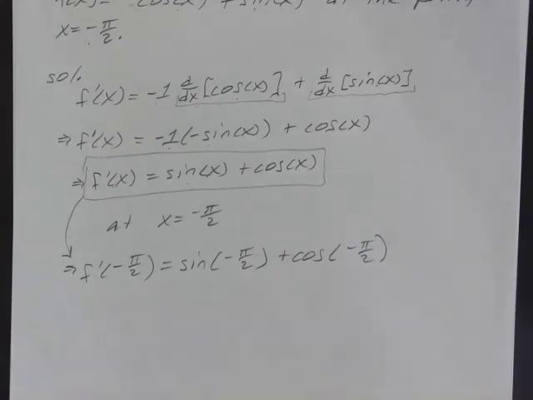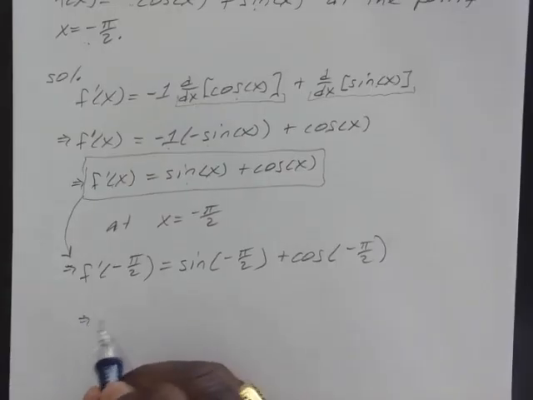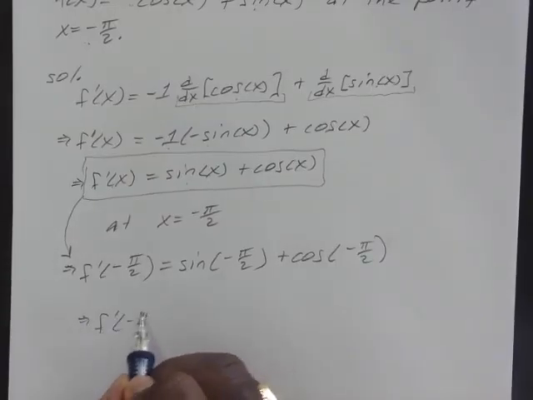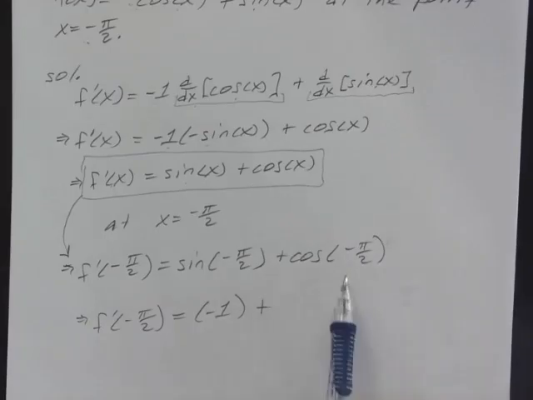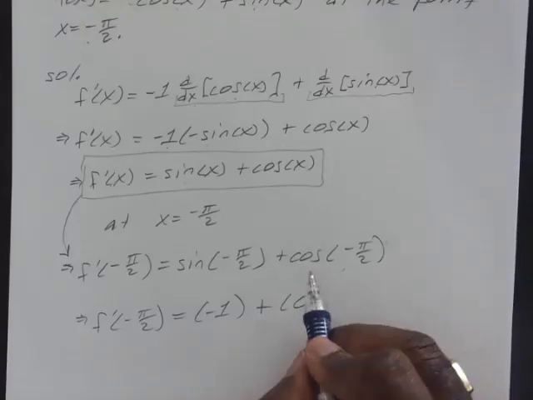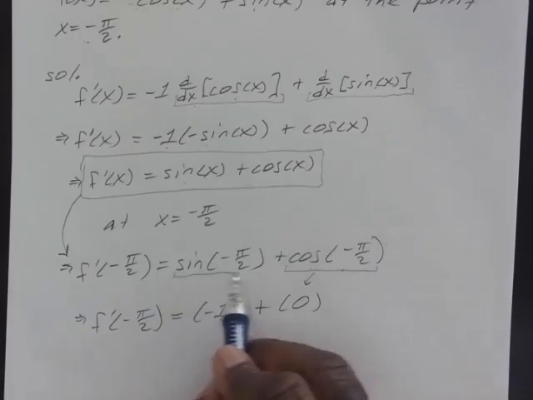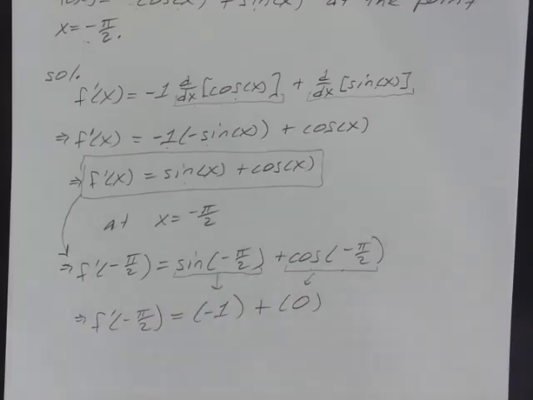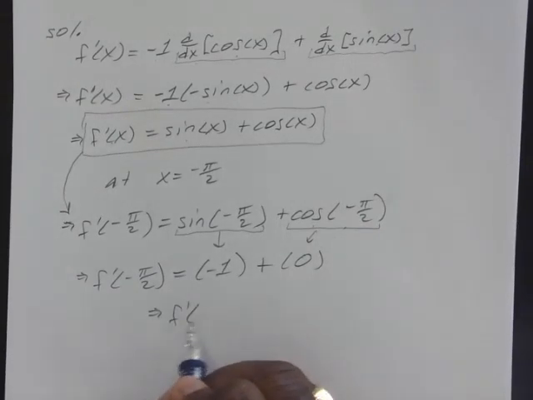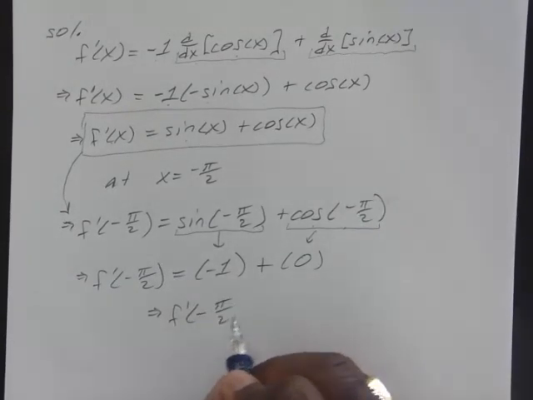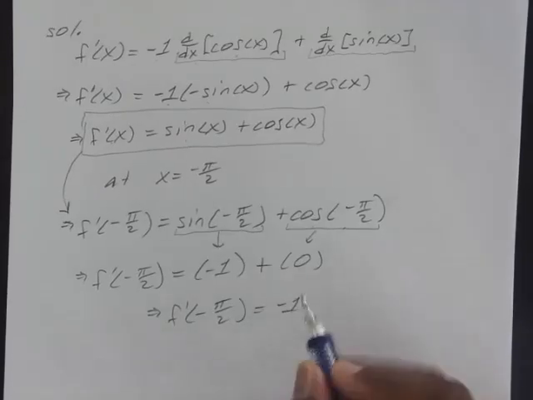So sine of -pi/2 is just -1. So we know f prime of -pi/2 is equal to -1 plus cosine of -pi/2, which is 0. So we can just go ahead and replace those with their values. So f prime of -pi/2 is just equal to -1.